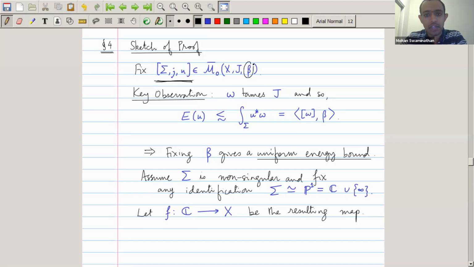So given any stable map, I need to produce a tree and a thick-thin decomposition for this and show a Lipschitz bound for that.